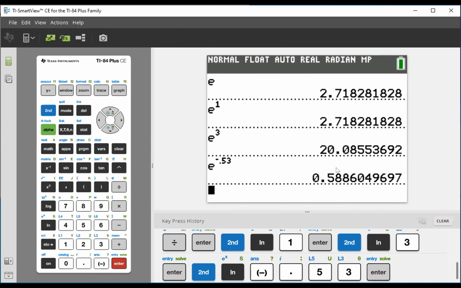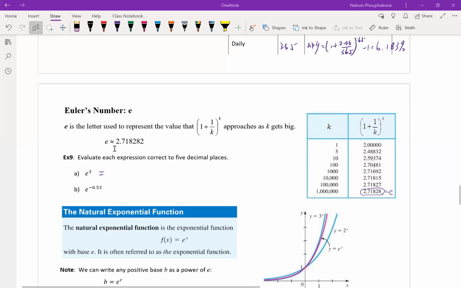Then let us try to round to 5 decimal places, right? So I have e to the 3 is 20.08554, and then e to the negative 0.53 is 0.58860, okay?